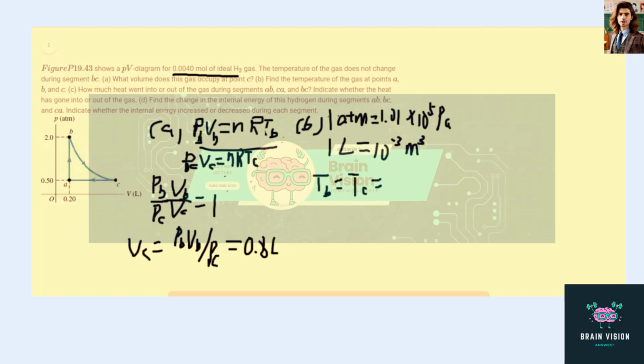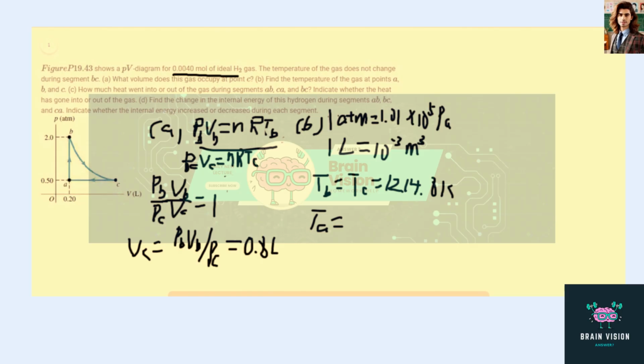So the standard unit is 1 atm equal to 1.01 times 10 to the 5th Pascal. And 1 liter is 10 to the negative 3 meters cubed. All right. So you just plug the numbers into the state equation, and you can solve for TB equal to TC because these two temperatures are the same. So the temperatures are 1214.8 Kelvin. And to find TA, you need to utilize the state equation at point A, just PA times VA equal to nRTA. You can read the volume and the pressure at state A, so the calculation is very straightforward.